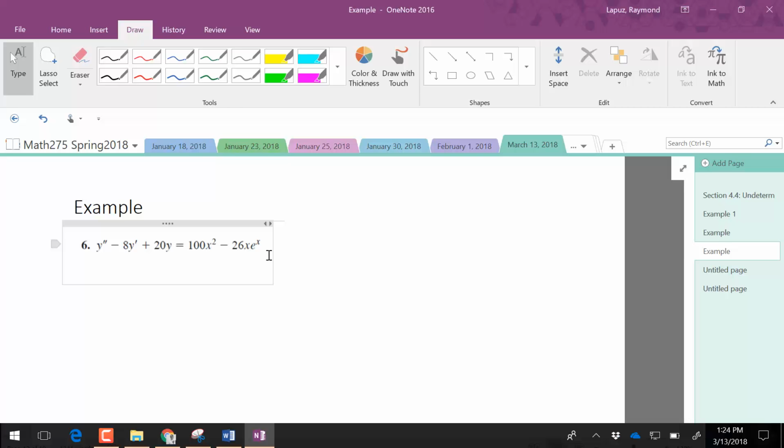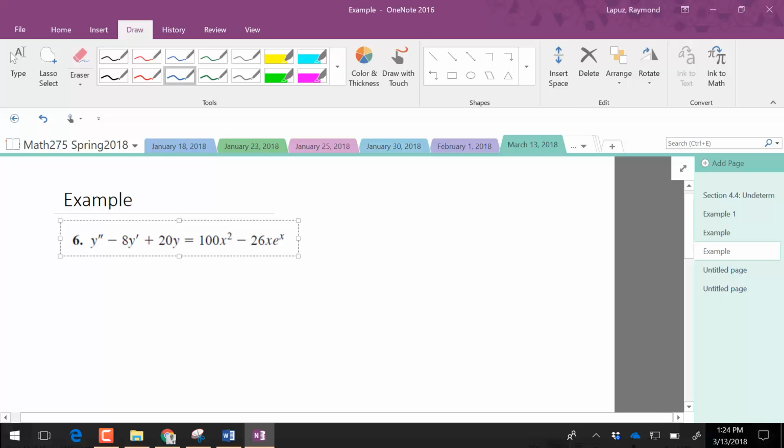What we have here is a right-hand side that looks like it's of two different forms. When you have something like that, you can find a particular solution for one of the terms and then find another particular solution for the other term and then just add them up. That's the nice thing about superposition principles. I'll show you what I mean about adding them up when we get there.